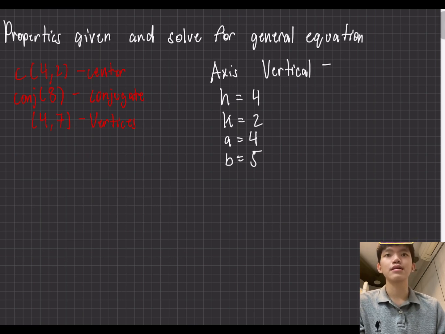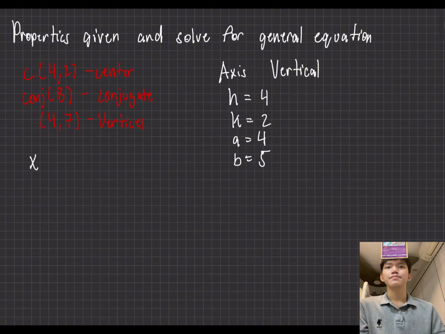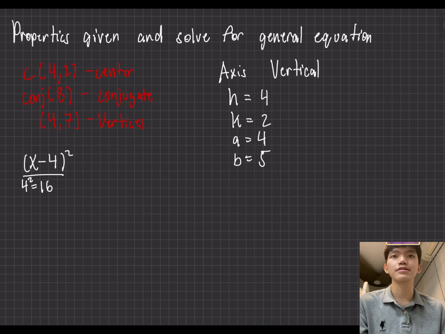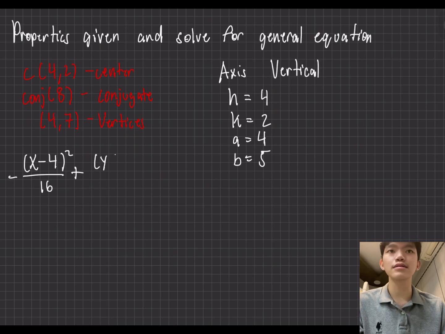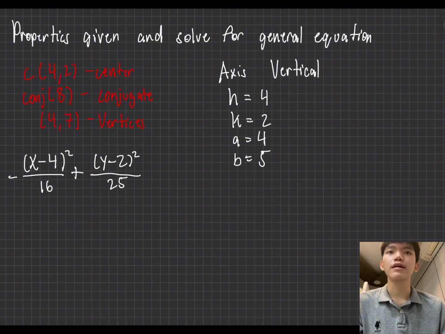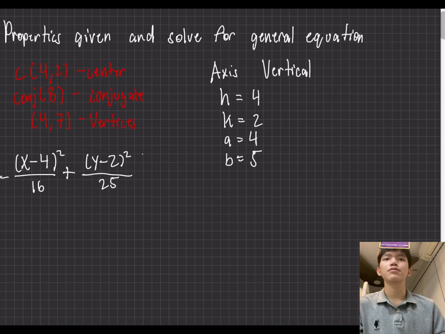Next, let's copy the standard form, or replace it rather. So we have the quantity x minus 4 squared over 16, because the letter A is 4. This 4 squared is equals to 16. That will be negative because x coordinate is horizontal. So the quantity y minus 2 squared over 25 is equal to 1.